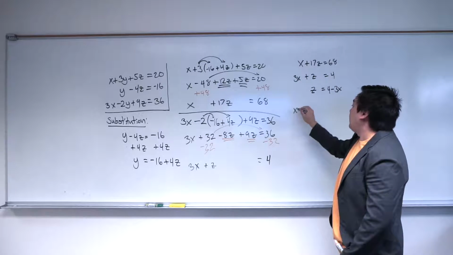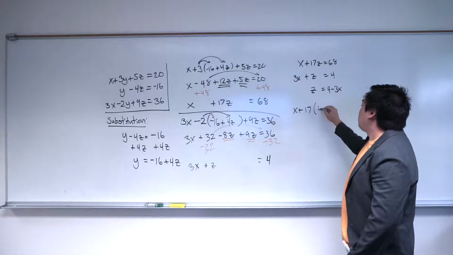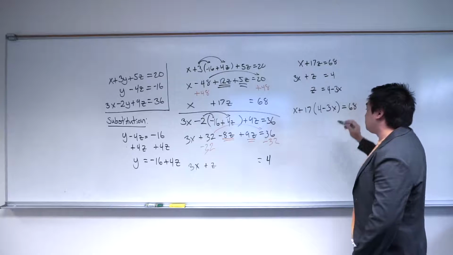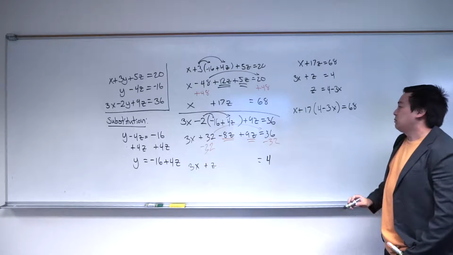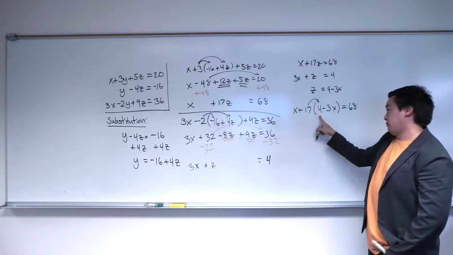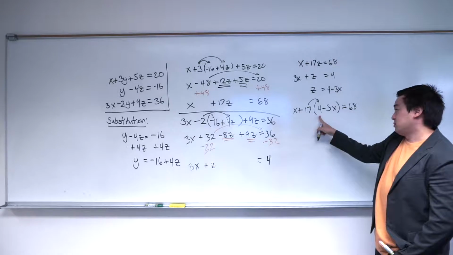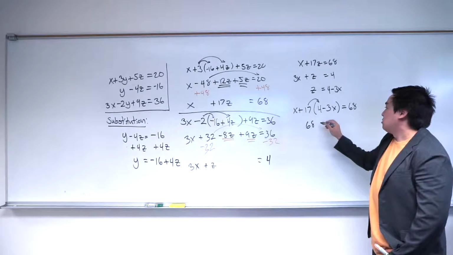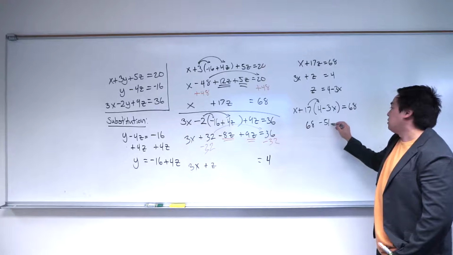So x plus 17 parentheses 4 minus 3x is equal to 68. And again, distribution. This is going to be 68 minus 51x.